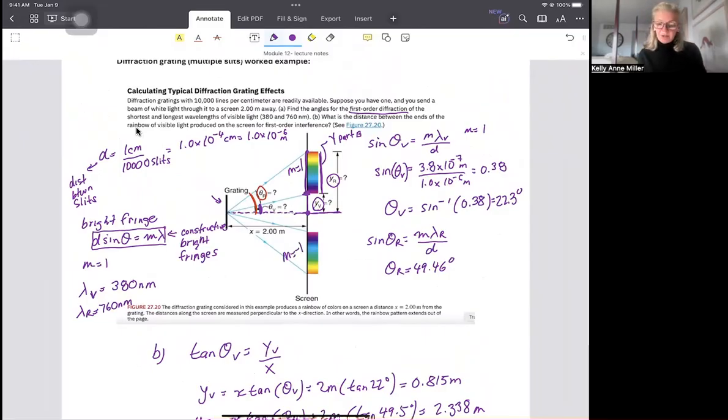But depending on the grating and the distance between the grating and the screen, and how big the screen is, you might see higher order, like m equals 2 rainbows and then m equals 3 rainbows. But the point is that with a diffraction grating, at each of the bright fringes you see a full rainbow, unlike with the double slit where you just see a bright spot.